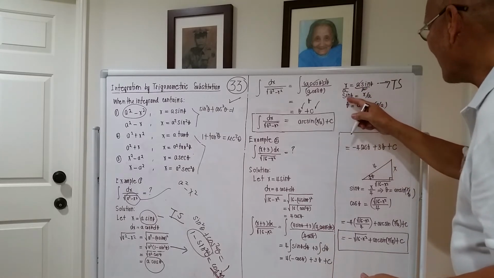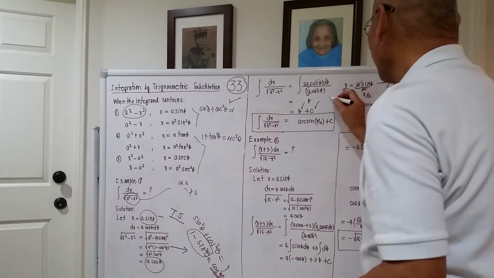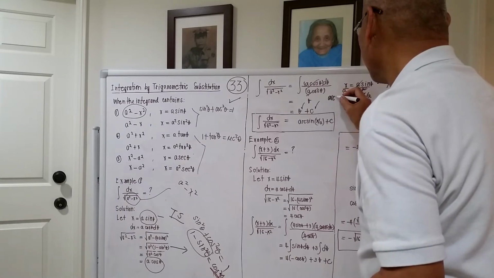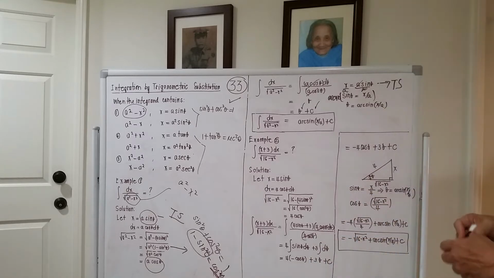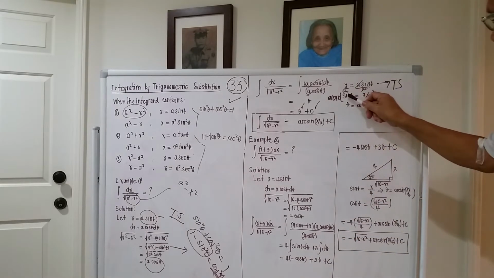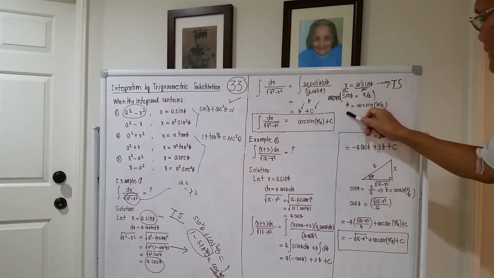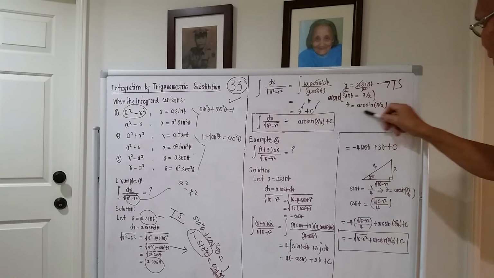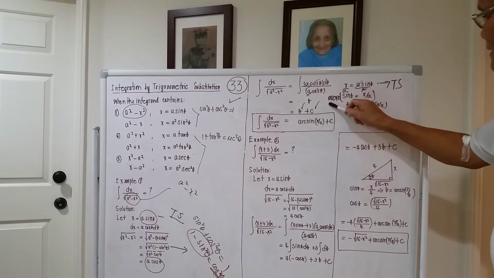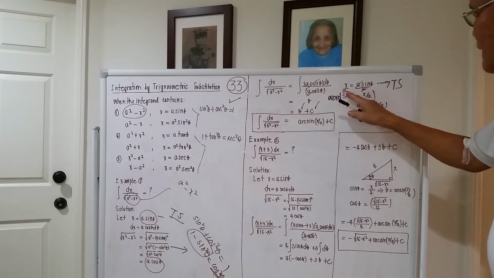To remove this sine here, take the arc sine of both sides. The arc sine of the sine of theta is just theta, and the arc sine of x over a stays as it is. When this arc sine goes near this sine, they cancel out.